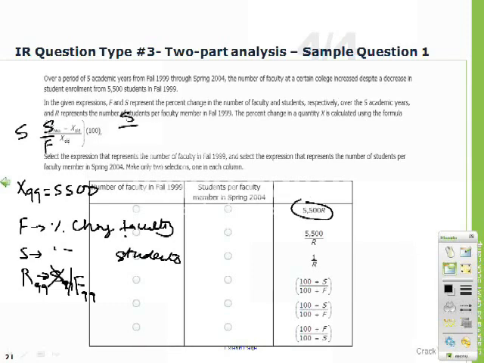Second, students upon students by faculty, the students get cancelled, is equal to faculty. Makes sense, right? The second option makes sense; that's the number of faculty. Third is 1 by R, which will just give you the ratio of faculty to students. Fourth and fifth will just give you the percentage changes, correlation. So I know that this is the only thing that makes sense. Got it? Everyone got it right?